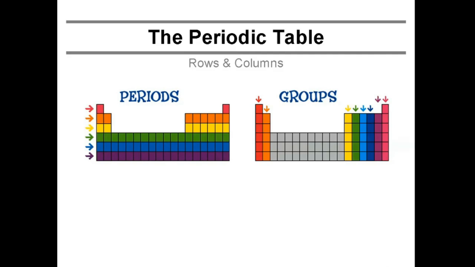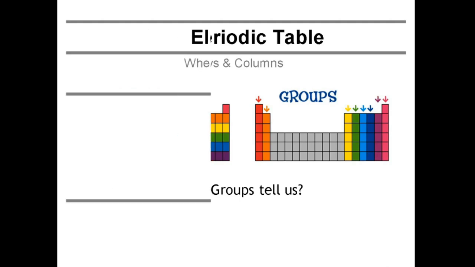Actually, the full name should be the periodic and group table of elements. And they're sorted in a certain way. Let's go through the sorting process and see what we can talk about. So what do these periods and groups tell us? Is there any other additional information we can extract out of these 2 systems?